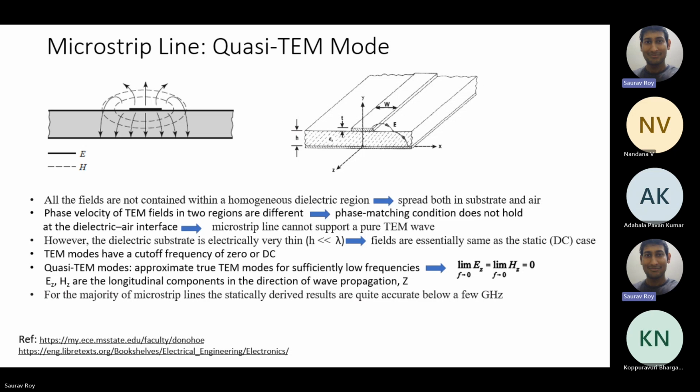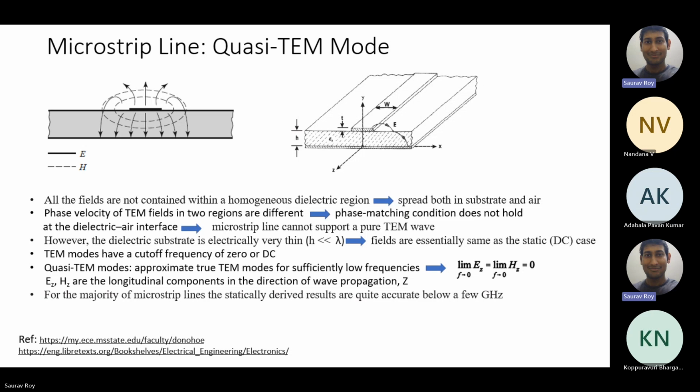Now it says the dielectric substrate is very thin. That means H is very small compared to lambda, and the fields are essentially the same as the static DC case. Because it is very small, the field profile will be almost the same as the static or DC case.